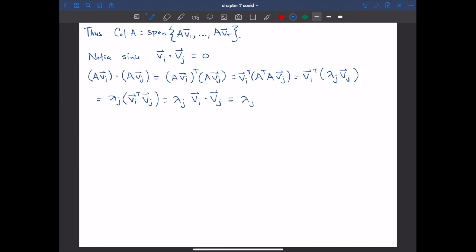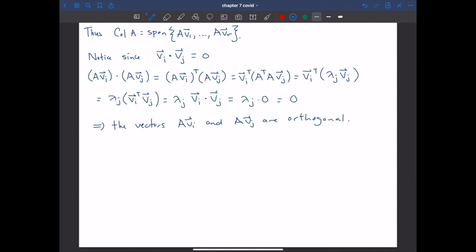So this gives us lambda j times 0, which is just equal to 0. So what we've shown is that the dot product of AVi dot AVj is equal to 0, and therefore the vectors AVi and AVj are orthogonal.